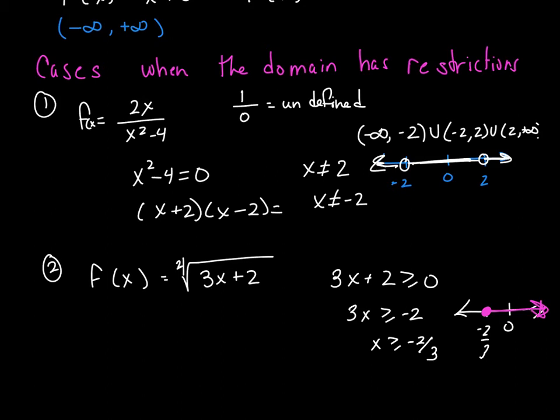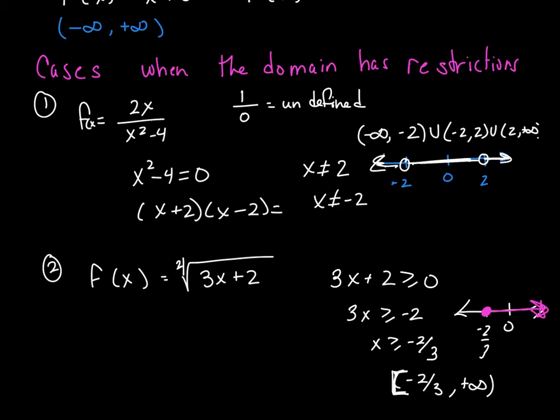So to write that, you write it in the same order you see in the number line. It goes from negative 2/3 all the way up to positive infinity. And this is definitely a bracket on here because that 2/3 is included.